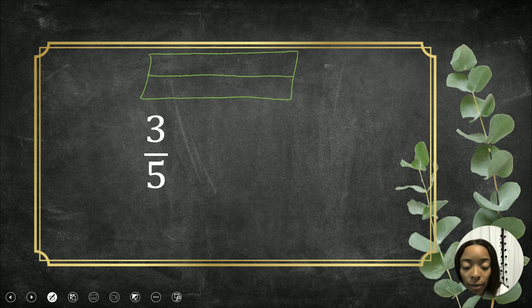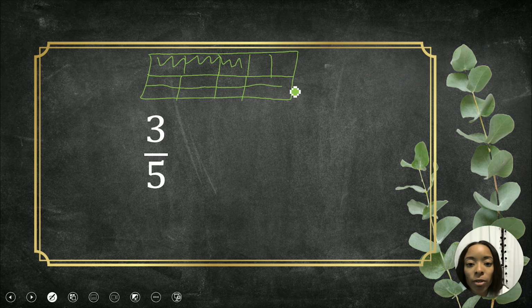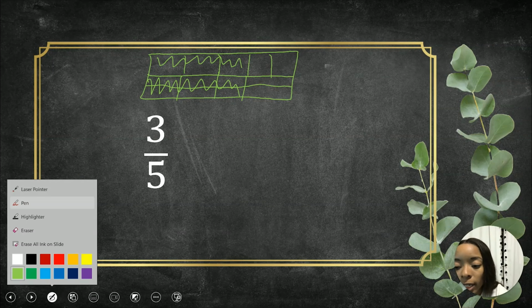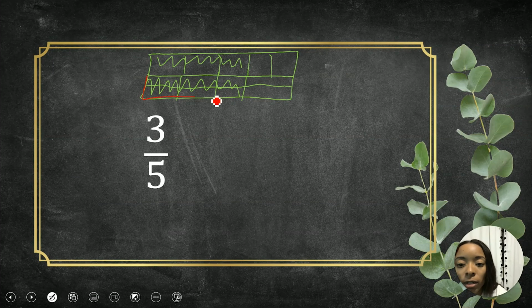So I'm going to draw this rectangle, and on top, I'm going to divide the rectangle into 5 equal parts, or as close to equal as I can get it, right? I've got 3 parts shaded. If I turn this bottom rectangle into 10 equal parts to match the top, and I shade 6 parts, we can see that the same area is shaded.